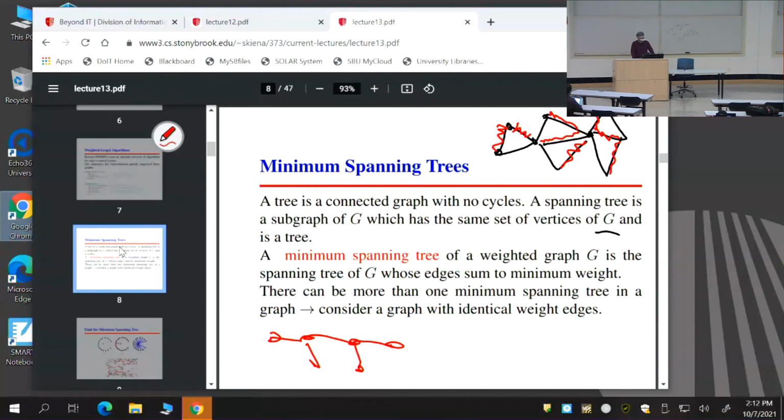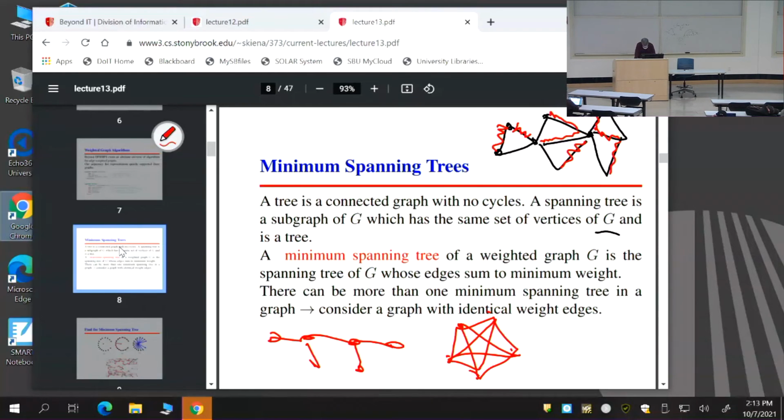What graph on n vertices has the most spanning trees? Yeah? The fully connected graph. Does everybody believe that in a complete graph there's the most possible number of ways of deleting edges to get a spanning tree? How many spanning trees are there?